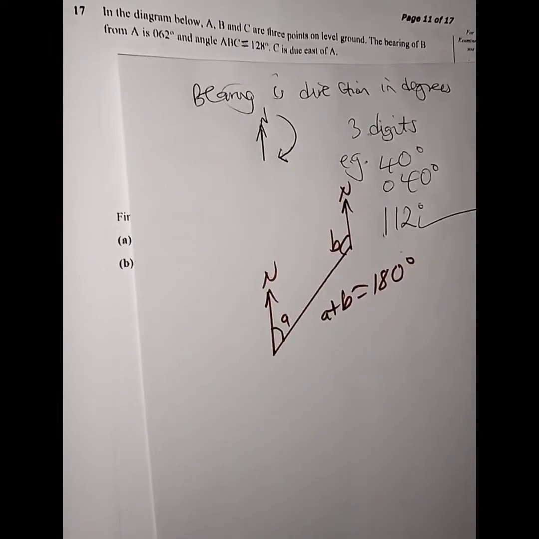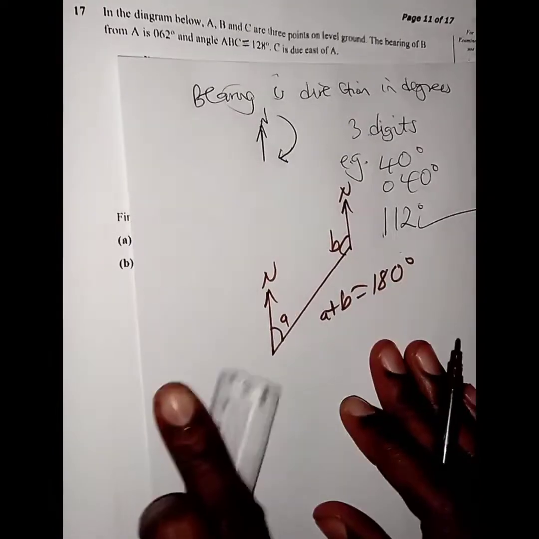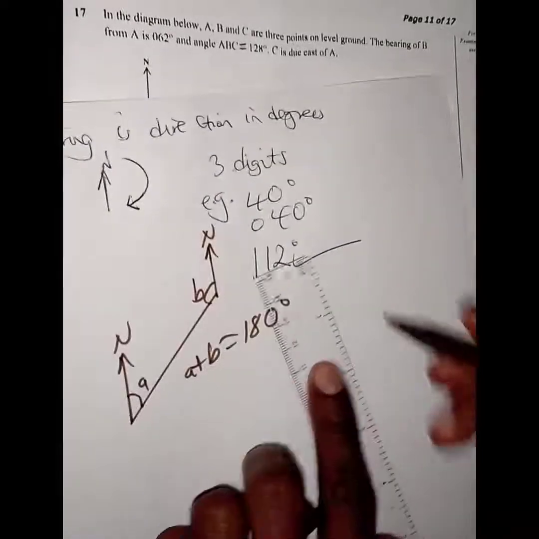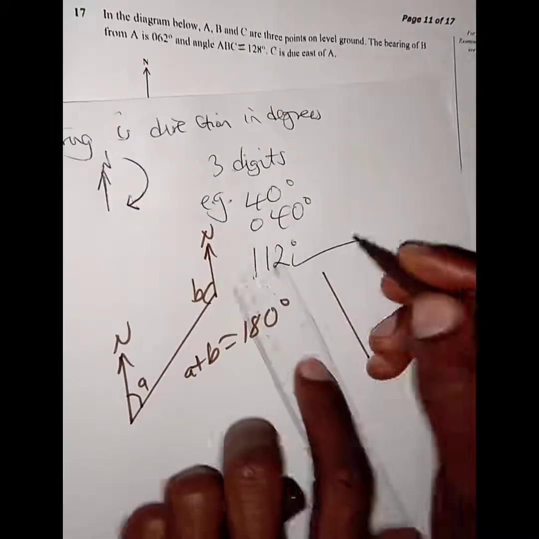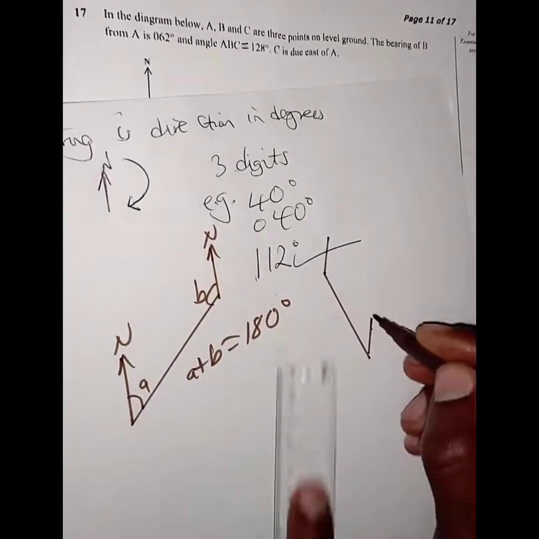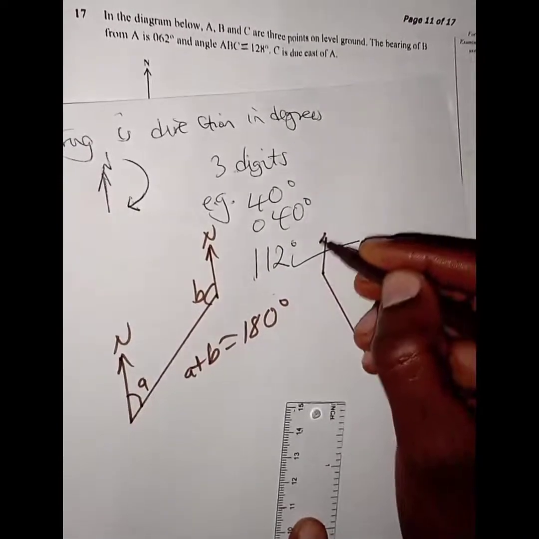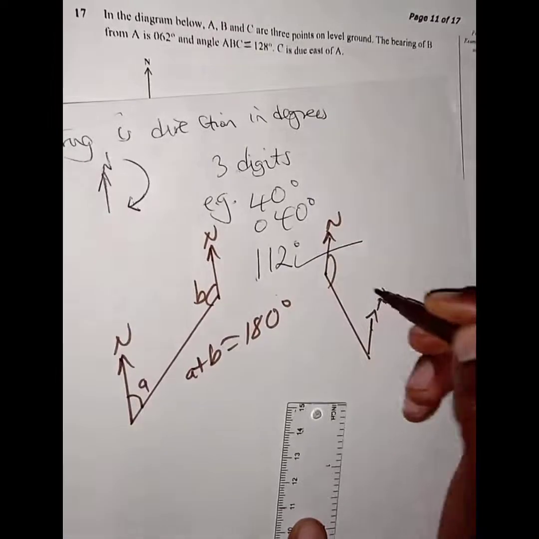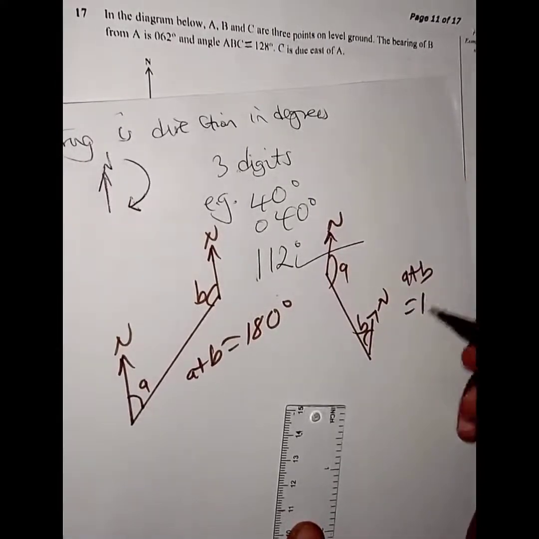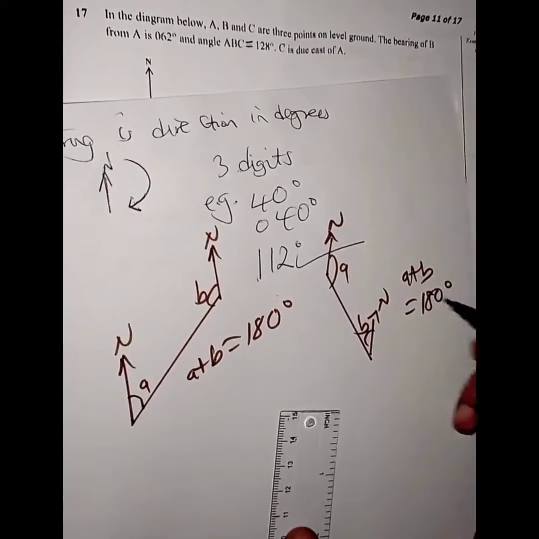It's a property. Also, it can be like this, or if it was written like this, still don't get confused. A plus B, still it has to give you 180 degrees.